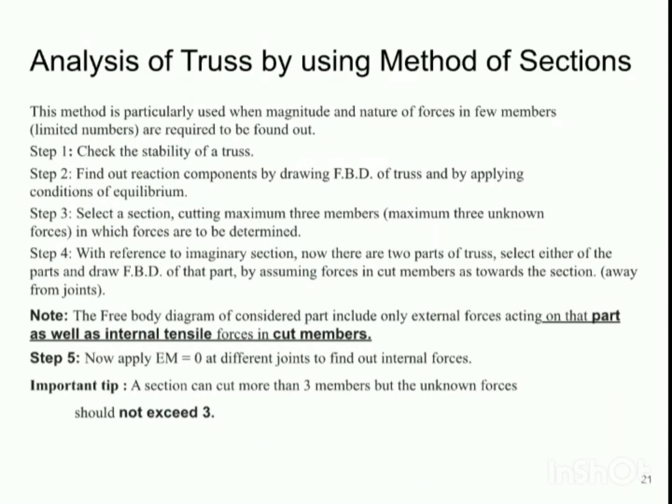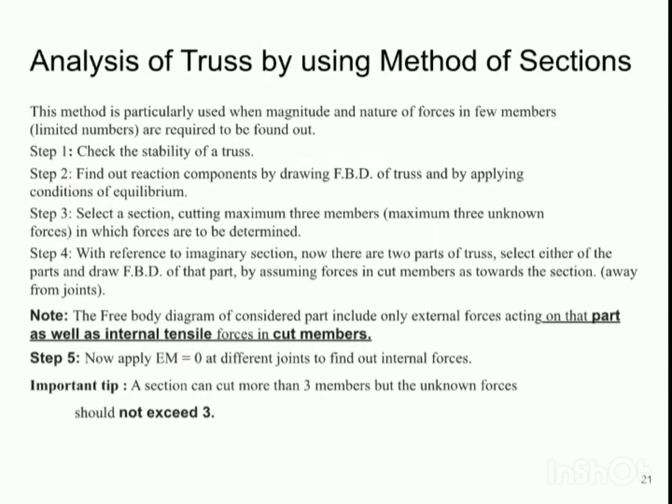The section line should not cut more than 3 unknown member forces, which are to be determined. Now it may happen that a section line is cutting 3 members, but only 2 are required to be found as per the question. Okay, so it doesn't matter, we can cut the truss along that section.